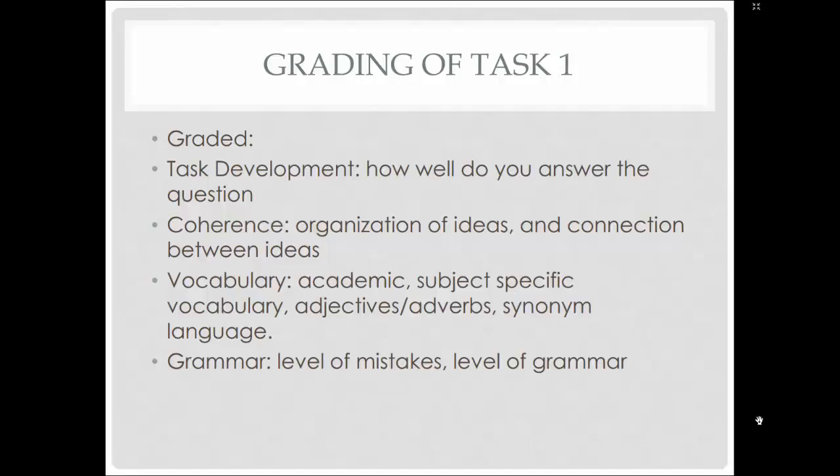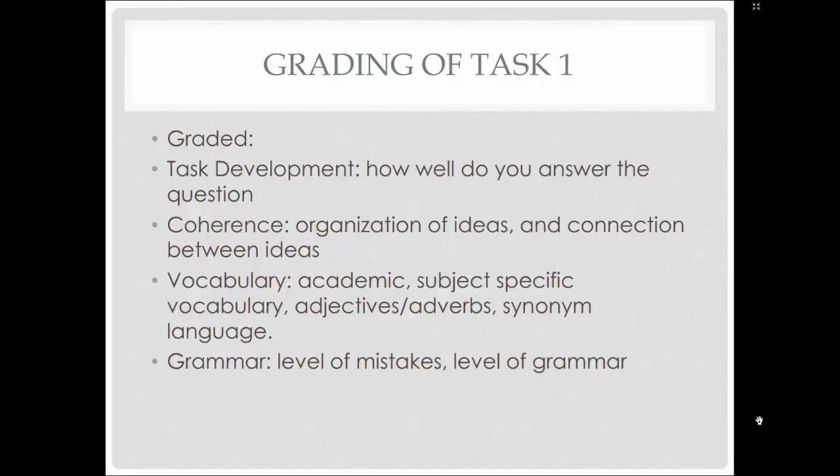You're graded on your vocabulary, all right, and we're looking at academic vocabulary, subject-specific vocabulary, using adjectives, adverbs, synonym language, and of course you're graded on your grammar, the level of mistakes that you make, and the level of grammar that you're using. So you're graded in these 4 different areas, and it's really important that you understand that.